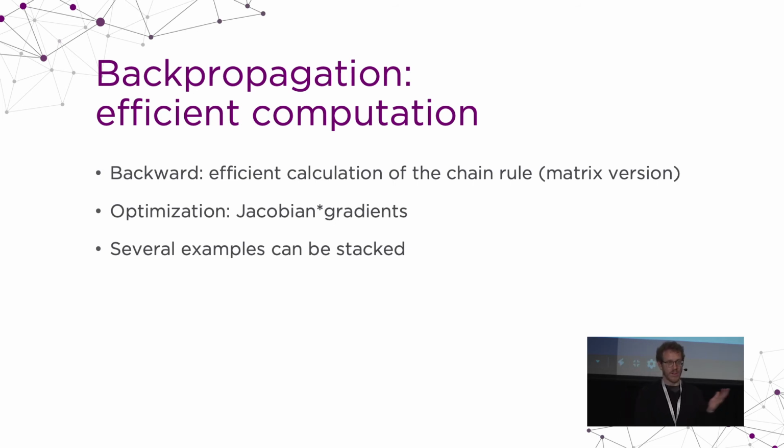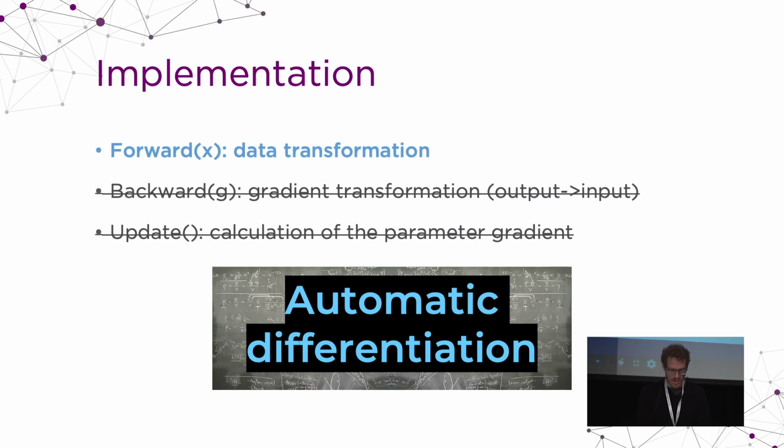I still have one degree of freedom here to do matrix-matrix multiplication. So here I will stack multiple examples instead of doing only one example at a time, and so I will do matrix-matrix multiplication.